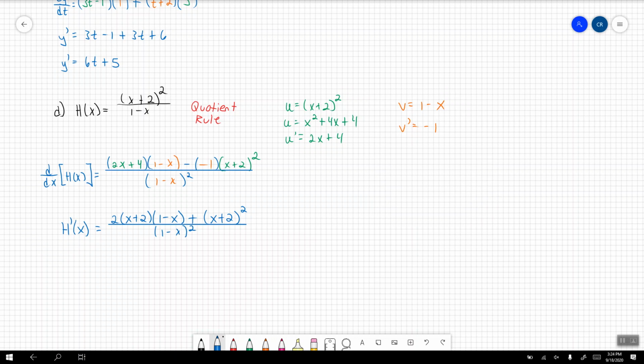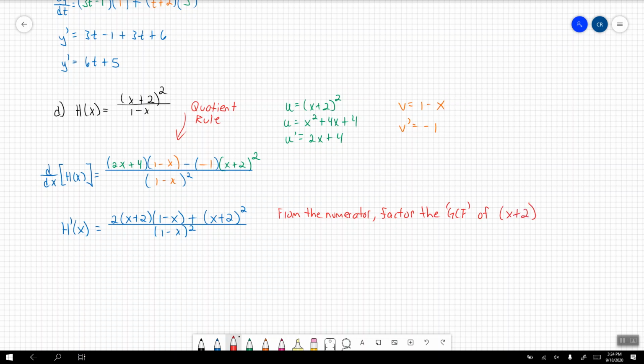Now I'm going to factor out, so again, I'm using the quotient rule down here, and from the numerator I want to factor the GCF of x plus 2.